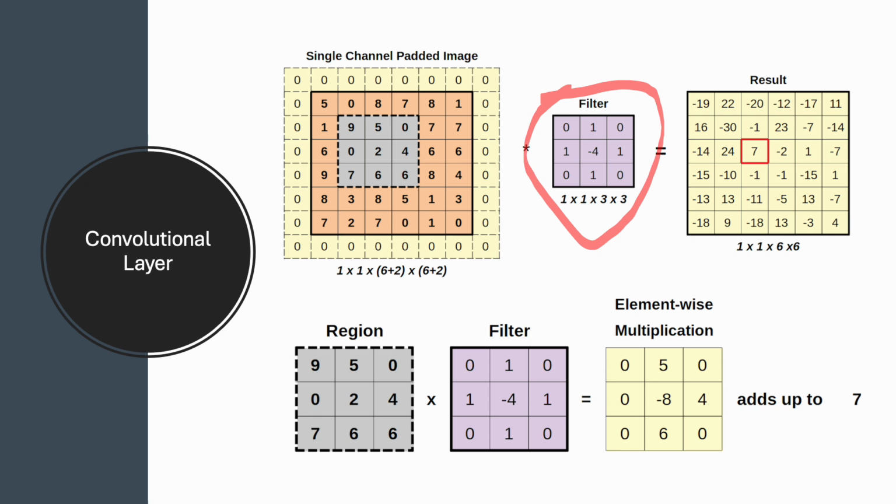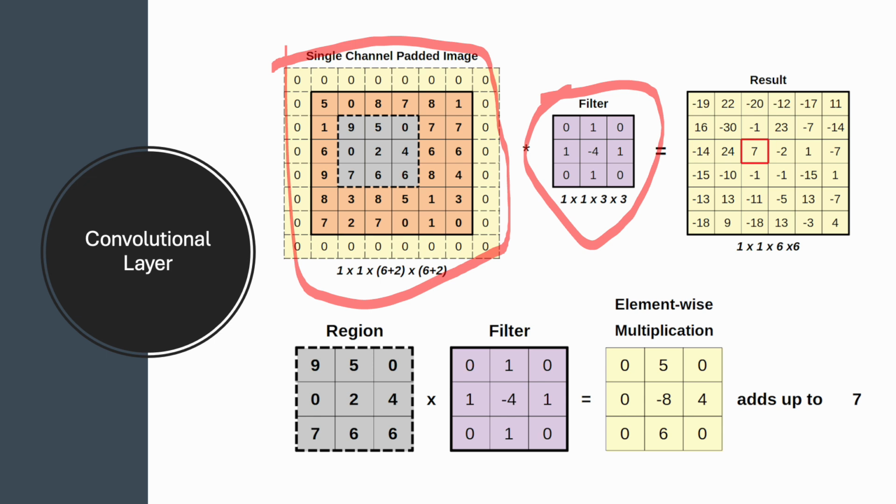Let's concentrate on this single channel image, where this orange rectangle box is the image we have. Then you see a gray 3x3 box.